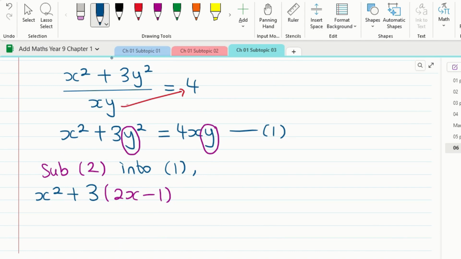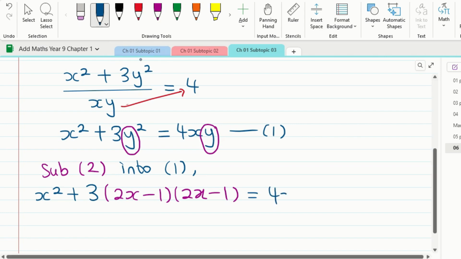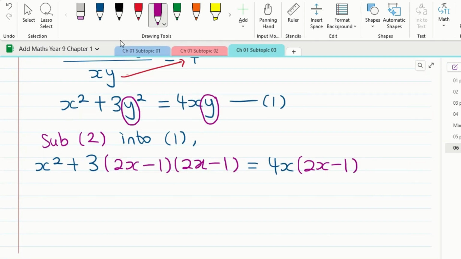Since this is a square, I will just straight away turn this into a double bracket of (2x minus 1) equals to, at the right hand side, 4x times y is 4x(2x minus 1). This is a simple expansion, but be careful with the left hand side of the equation.